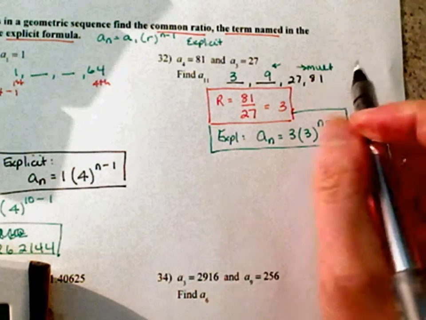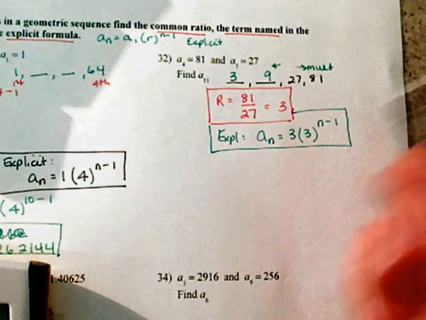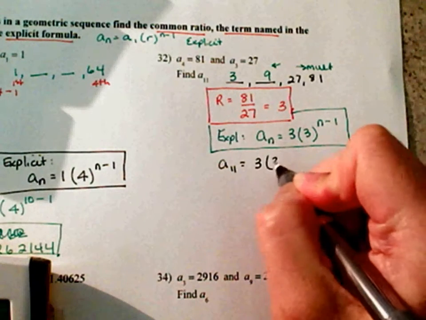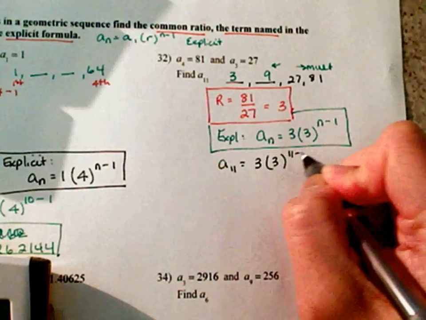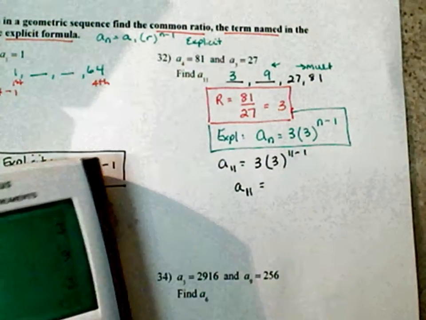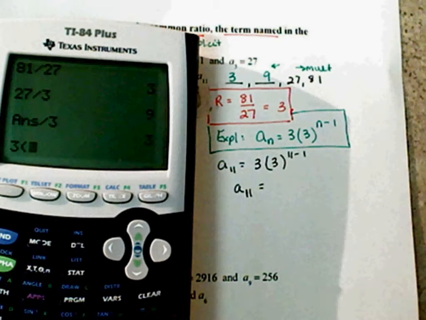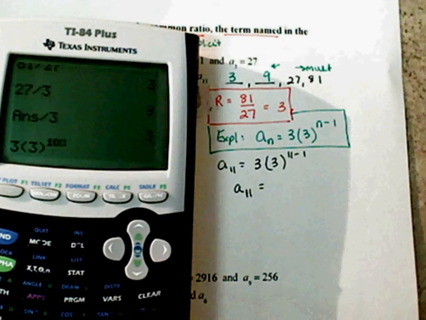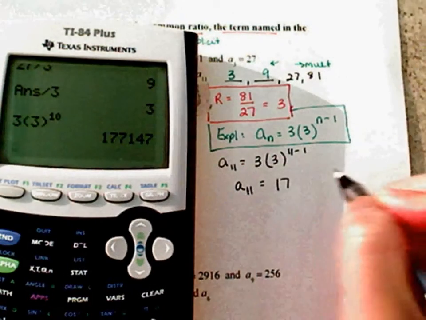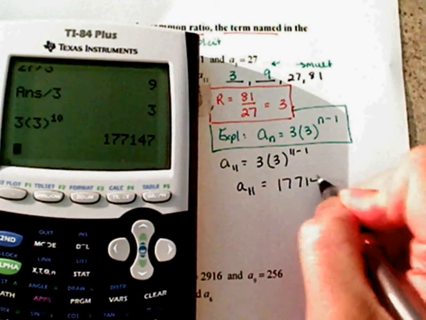Well, you can keep going and multiply by 3 till you get to 11, or you can just plug it into your formula. First term times your common ratio to the 11 minus 1. So what is your 11th term going to be? 3 times 3 raised to the 10, and that 11th term is going to be 177,147.